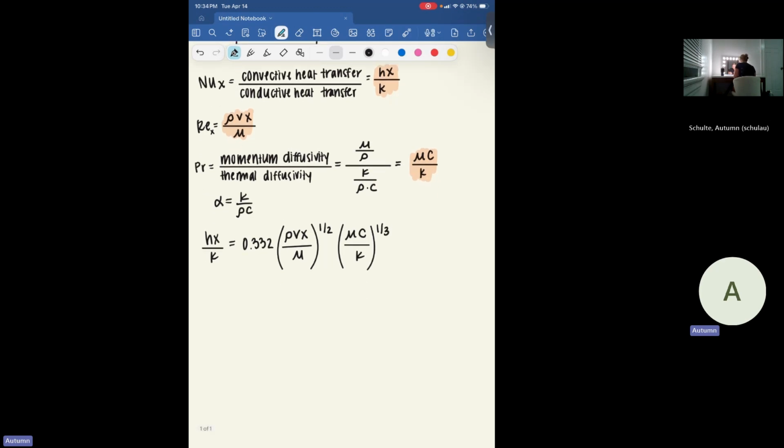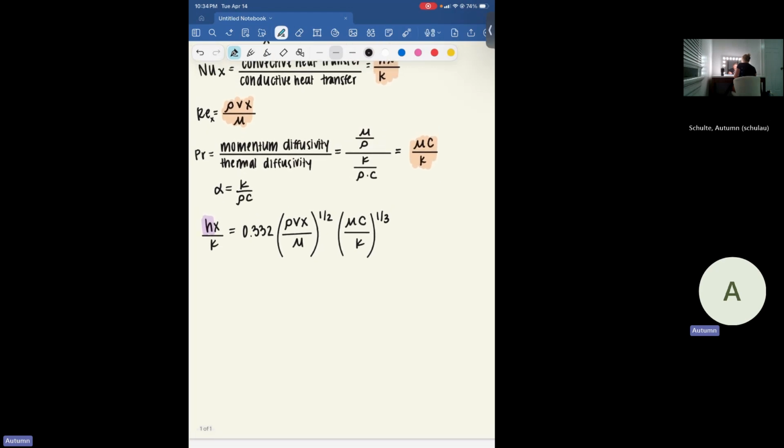Now, looking at this equation, I notice that if I want to drastically change the heat transfer, I'm going to need to change this value here. And if we want to maximize our heat transfer, we want to maximize H, our heat transfer coefficient.